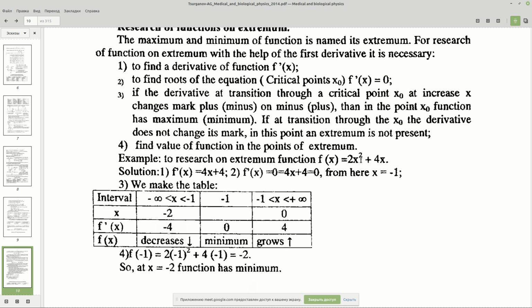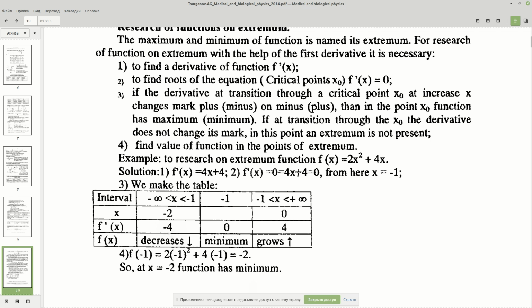So we have the interval from minus infinity to x less than minus 1, and the interval from minus 1 to plus infinity.